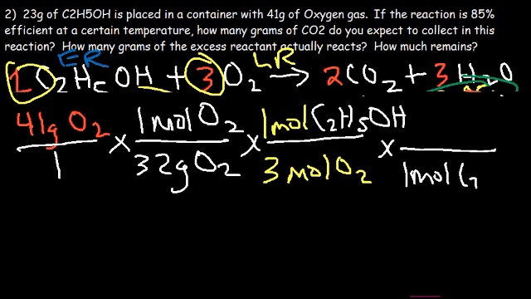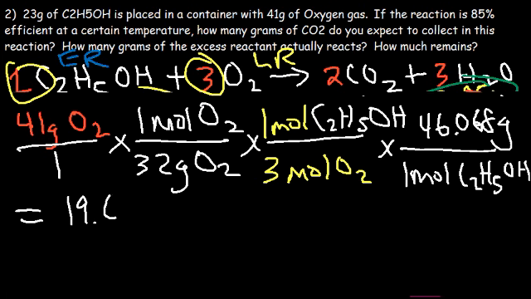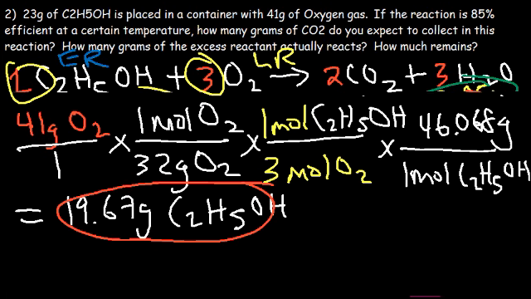The molar mass of ethanol was about, if I remember correctly, 46.068 grams, which we had in the last example. So 41 divided by 32 times 46.068 divided by 3, you should get 19.67 grams of C2H5OH. This is the quantity of ethanol that reacts with the 41 grams of O2.